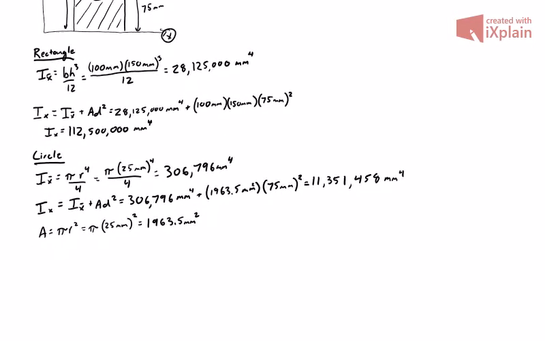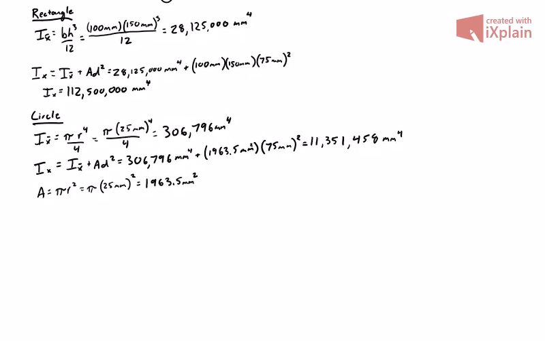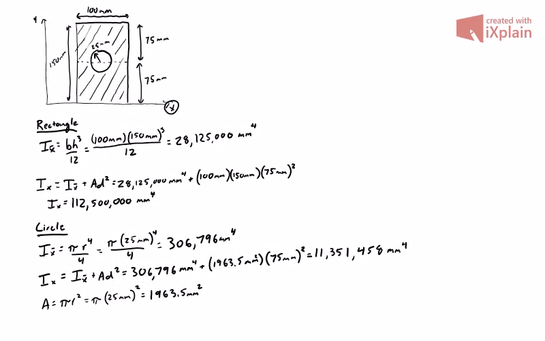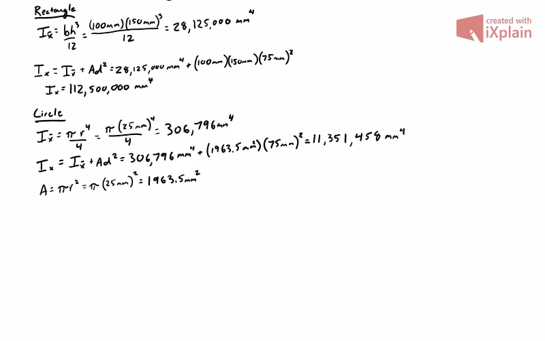While in the previous problem we had shapes that were adding together, you can equally do it by subtracting. Our overall shape is a rectangle, and it's missing a circle in the middle. So easy enough, overall the moment of inertia of our object about the x-axis is equal to the moment of inertia for the rectangle minus the moment of inertia for the circle.